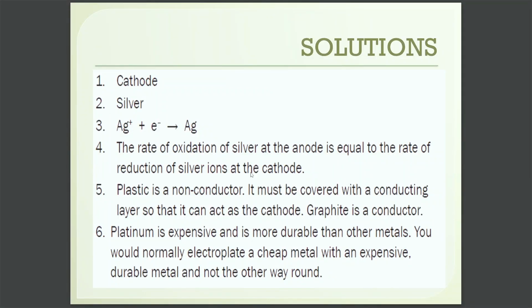Remember, oxidation and reduction are taking place simultaneously. Simply because the rate of oxidation of silver taking place at the anode should be equal to the rate of reduction of silver taking place at the cathode side. I believe it's very clear, Grade 12.